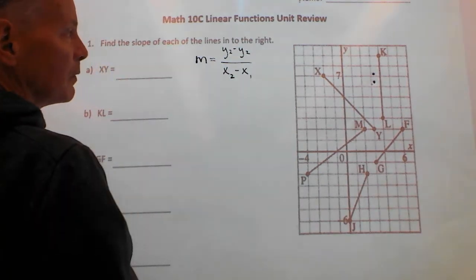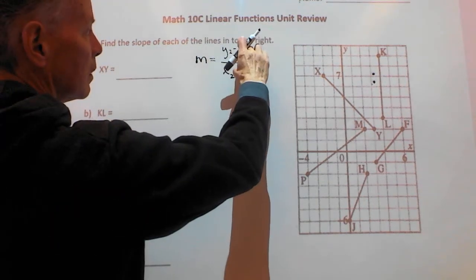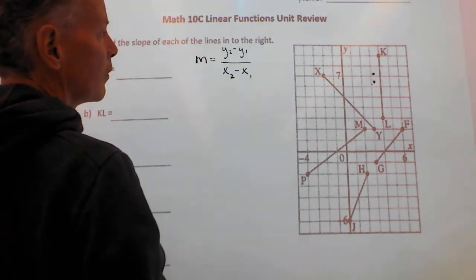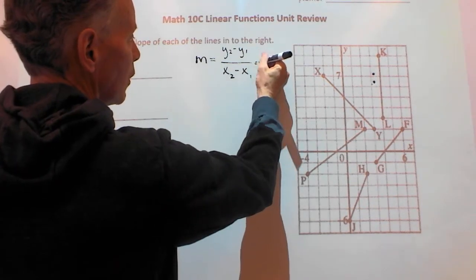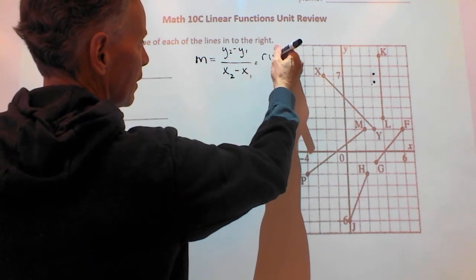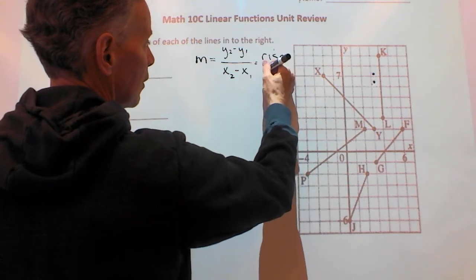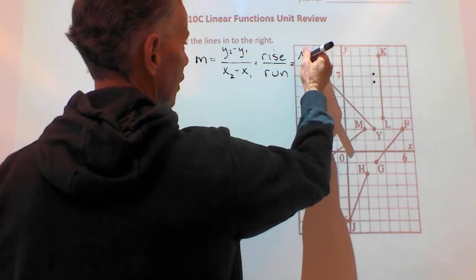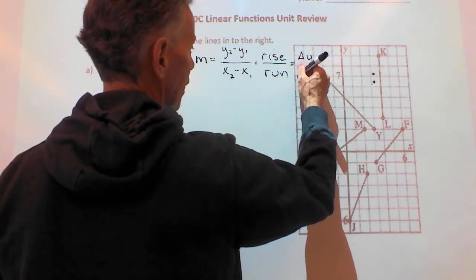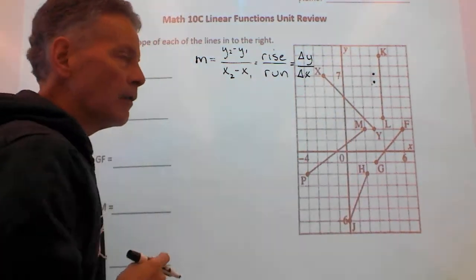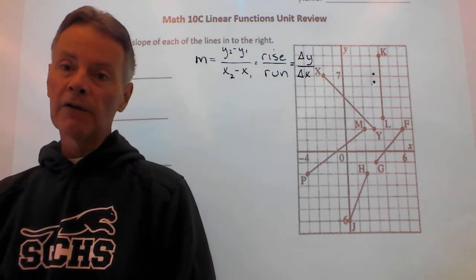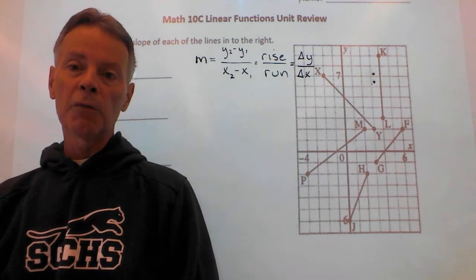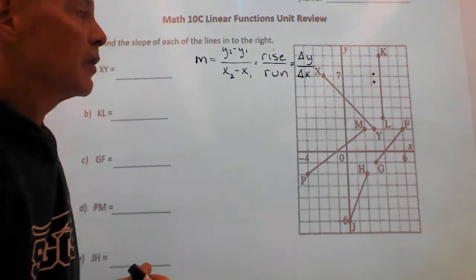And the slope is simply y2 minus y1 over x2 minus x1, which we said was the same as rise over run, or the change in y divided by the change in x. Now, depending on how you're given the information to find the slope, sometimes it's easier to just do rise over run.